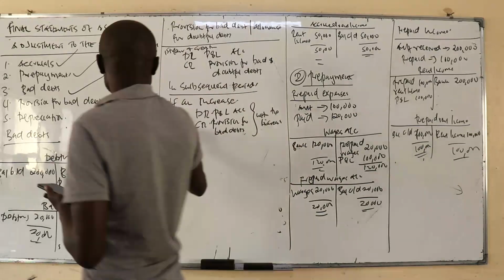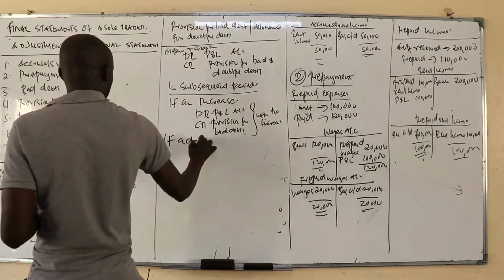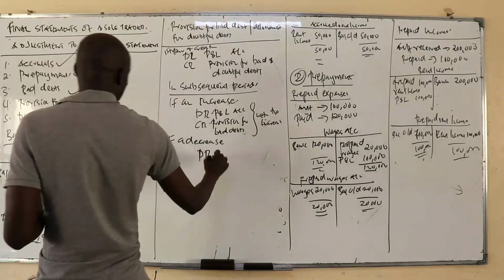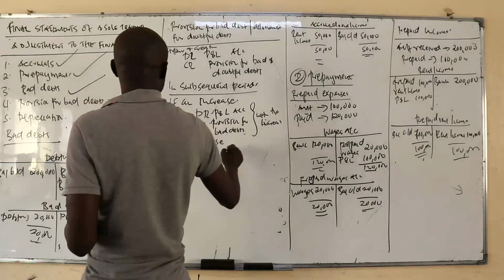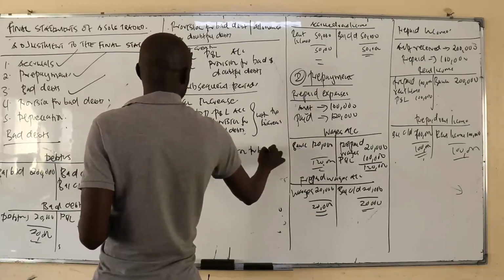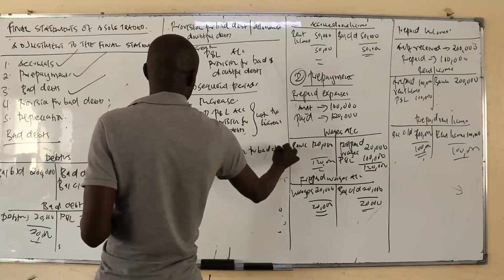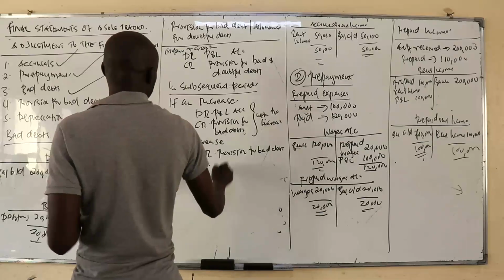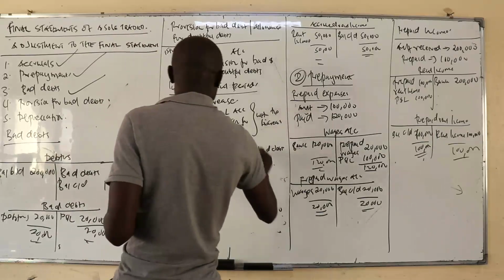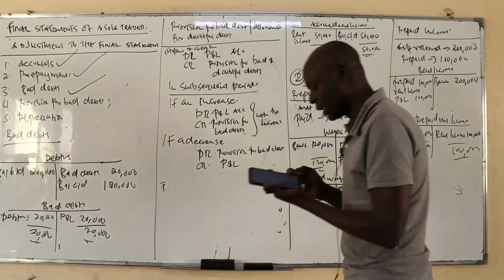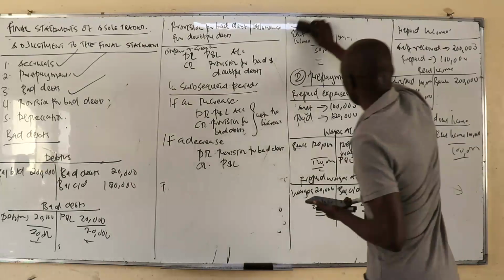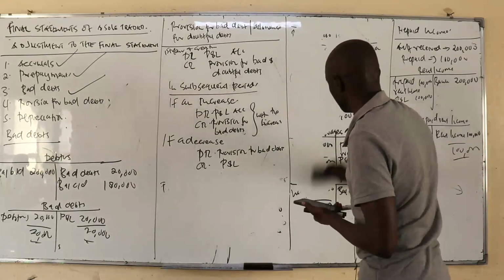If a decrease, you debit provision for bad debts, and you credit profit and loss account with the decrease. So that is how we treat it. Now let me demonstrate an example.